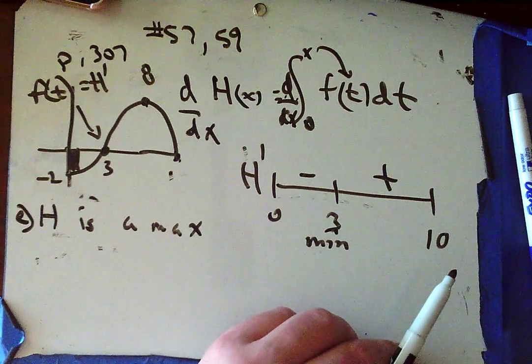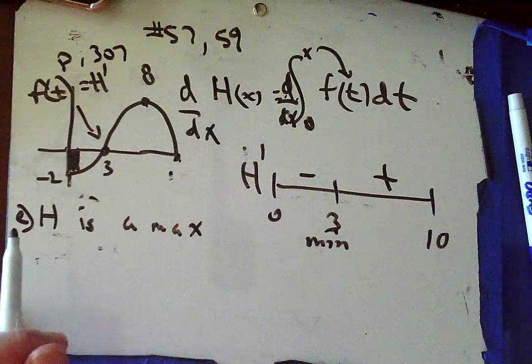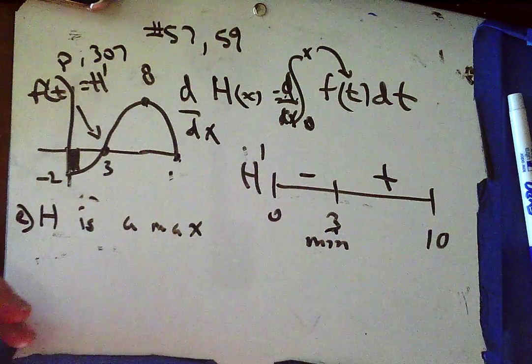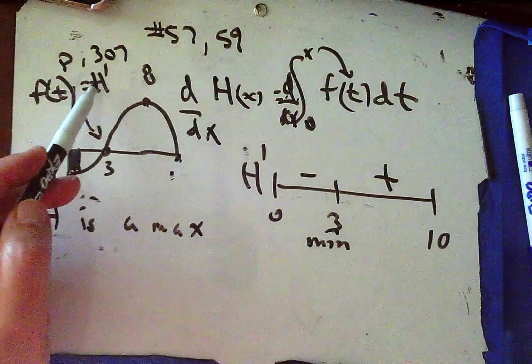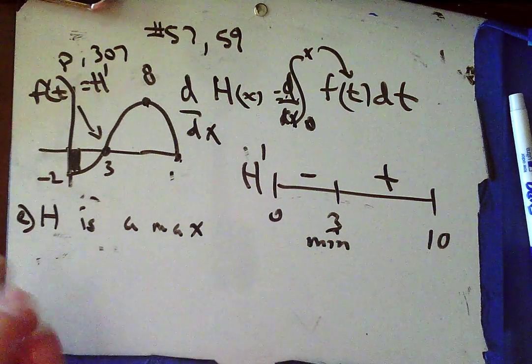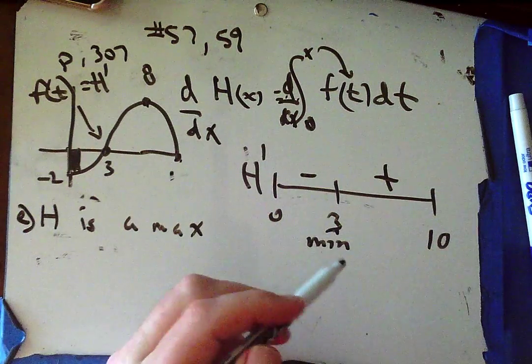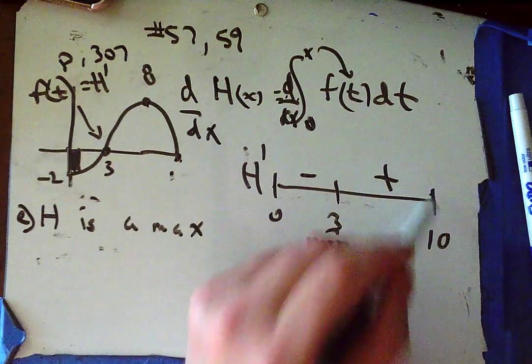So where else do we look besides derivative equal to 0? Well, we could also look at derivative undefined, but I don't have any undefined places on h prime. So that's not going to work. Were there any other places we should look for mins and maxes? Why, yes, there are. They're called endpoints.